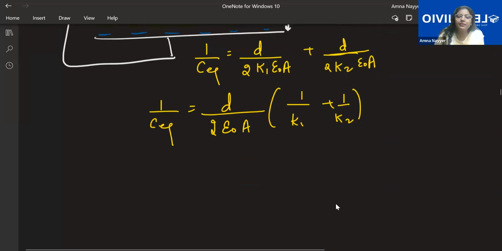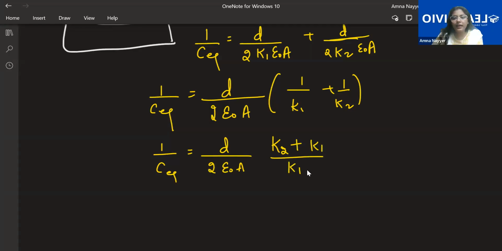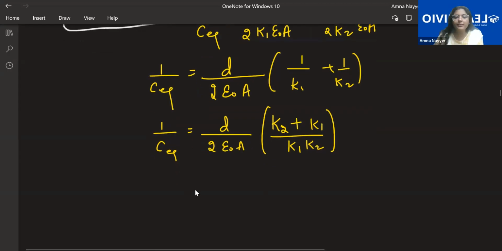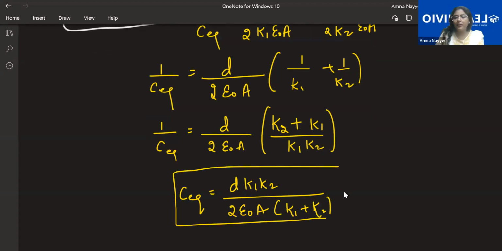Let's take the LCM of this. 1 by C equivalent will be d by 2 epsilon naught A times K2 plus K1 divided by K1 into K2. Why did I solve it till here? Because I wanted the reciprocal value. This is 1 by C equivalent. So C equivalent will be d into K1 into K2 divided by 2 epsilon naught A times K1 plus K2. This will be the final value.